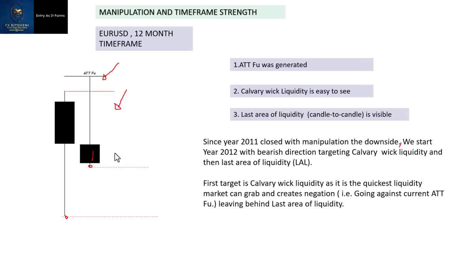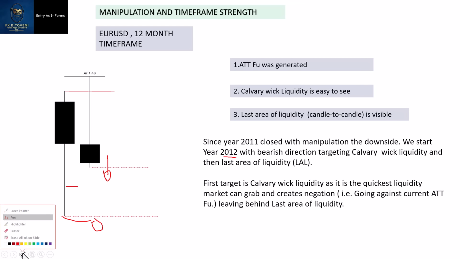So there is no reason to start buying, never. Instead, you start a new year, which is 2012, with a bearish direction to take out this liquidity, trade on to more liquidity here, and overall hitting this area.